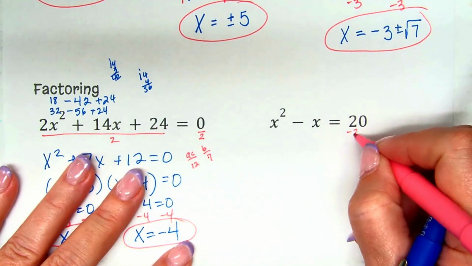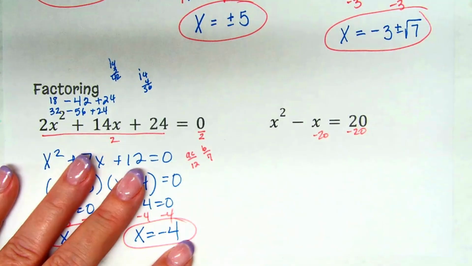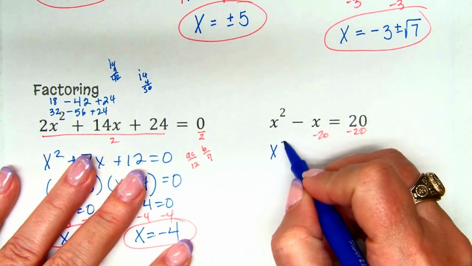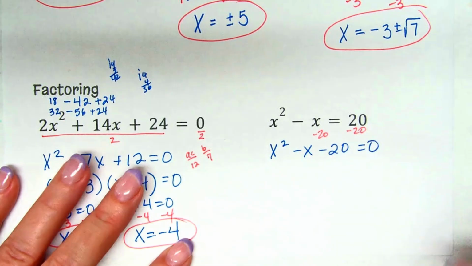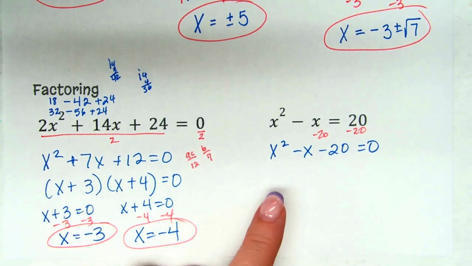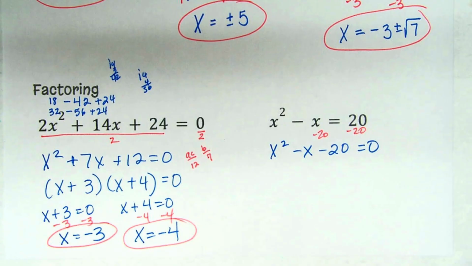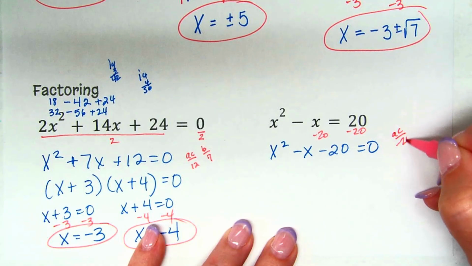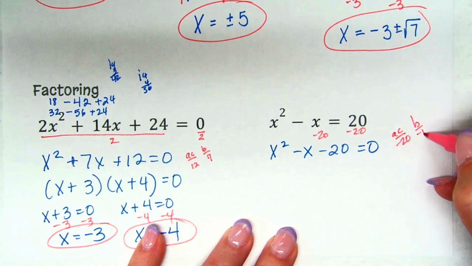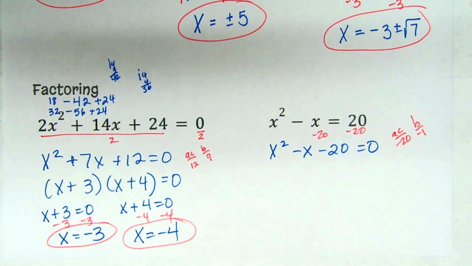So if I subtract 20 from both sides, I get x squared minus x minus 20 equals 0. Is this something you know how to factor? Yes. Okay, what's AC? -20. And what's B? -1. What two numbers multiply to be -20 and add to be -1?